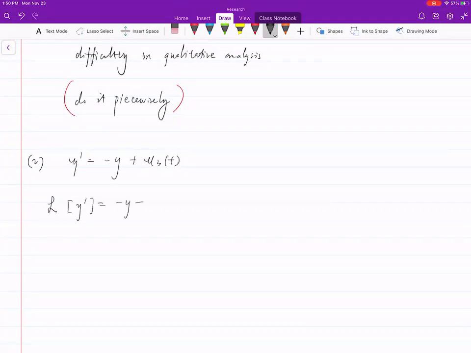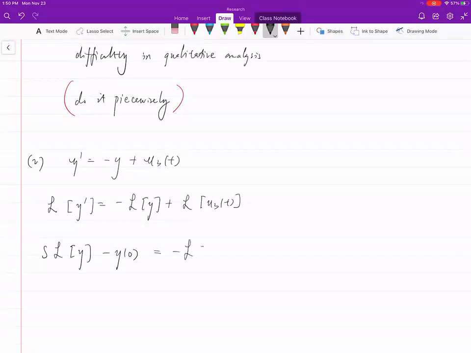So far, so good. s L(y) equals minus y(0), of course, equals negative L(y).